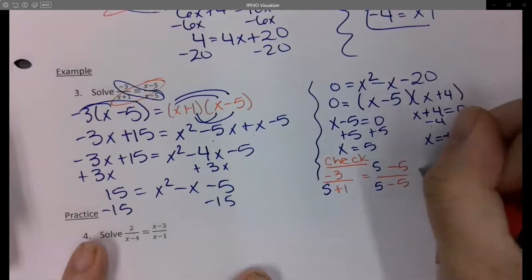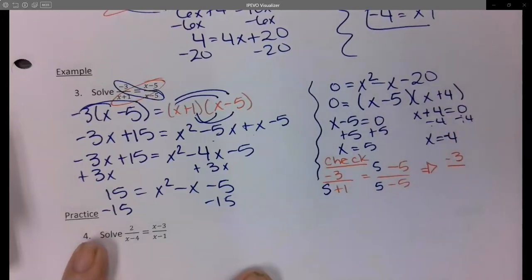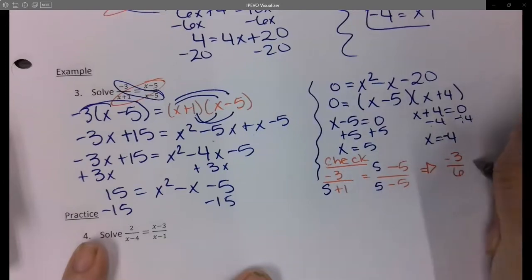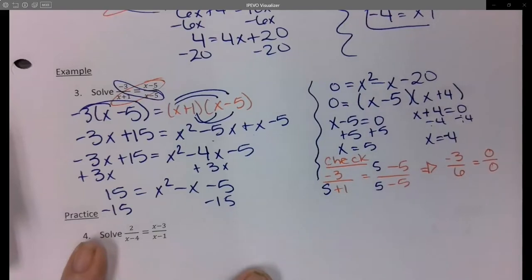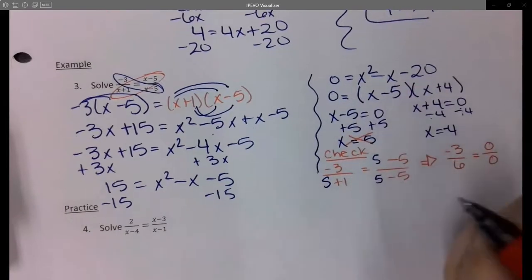So then I want to simplify this, which is going to get me negative 3 on the top because that doesn't change. And then 5 plus 1 is 6. On the right side, I have 5 minus 5 is 0. Does this one work? No, those two fractions aren't the same. Then I want to do the same thing for the negative 4.